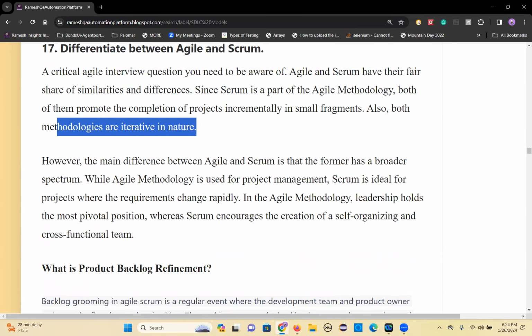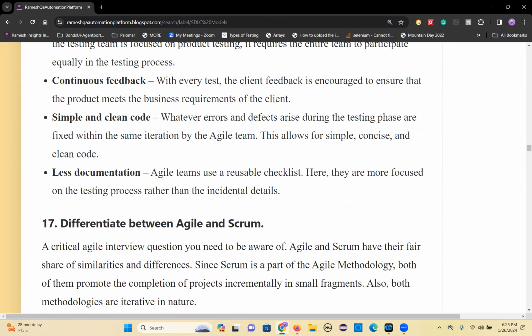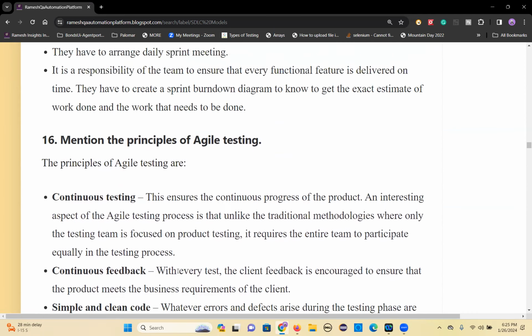The main difference between Agile and Scrum is that the former has a broader spectrum, while the Agile methodology is used for project management. Scrum is ideal for projects where the requirements change rapidly. So one or two points are enough. You don't need to worry. Just read one or two points, not more than that. You don't need to keep reading all those.